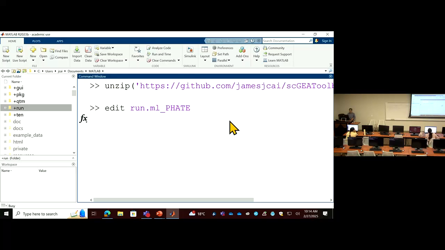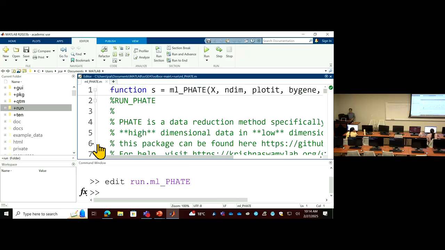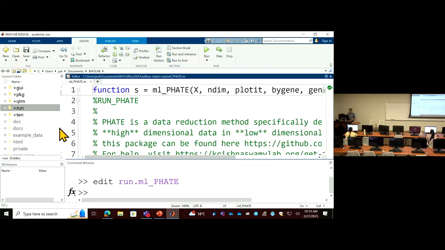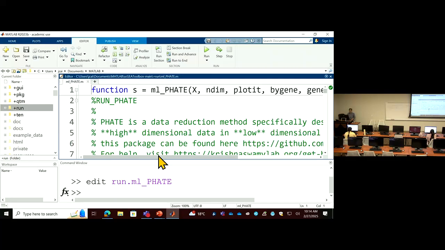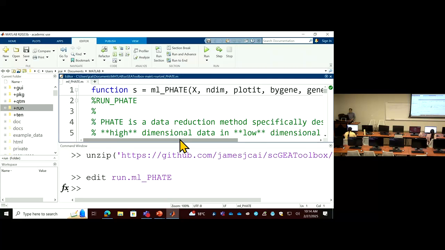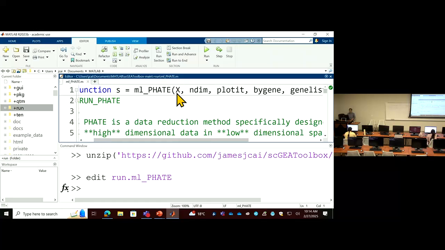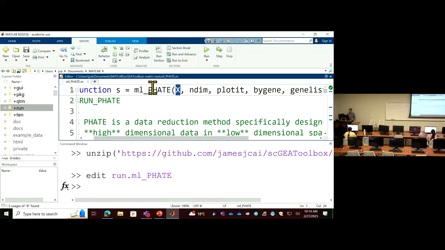If you look at this open, so this is a function of the fate. So what's the input of fate? This function takes big X, that's your expression matrix, genes by cells. Then you ask for a number of dimensions of your output.